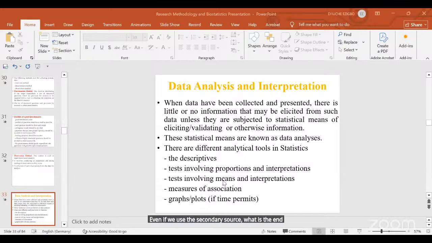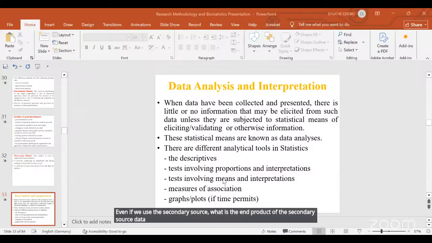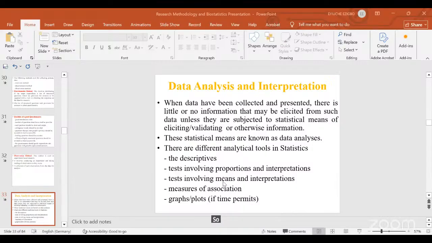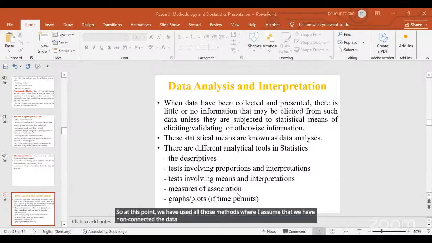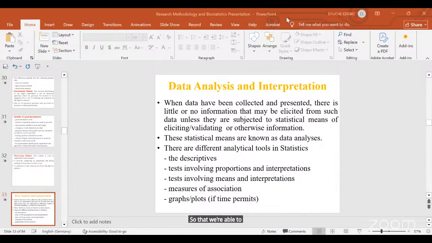Data. So at this point, when we have used all those methods, we assume that we have now collected the data for the research. So at this point, we have come to how we handle the data so that we will be able to have what we need, which we are going to discuss. And that is data analysis and interpretation.